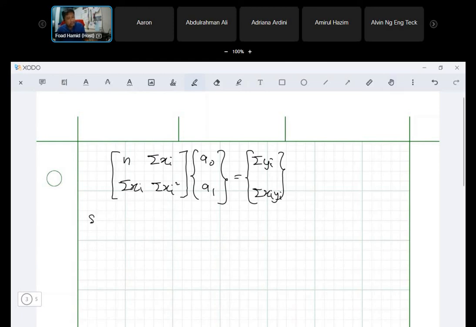Can you solve for a0 and a1 using SLE? Of course, remember that n is our number of points, xi is our x coordinate at the i-th point, and so on. So this is the set. And can we find a0 and a1? Of course, you know how to solve this, right?